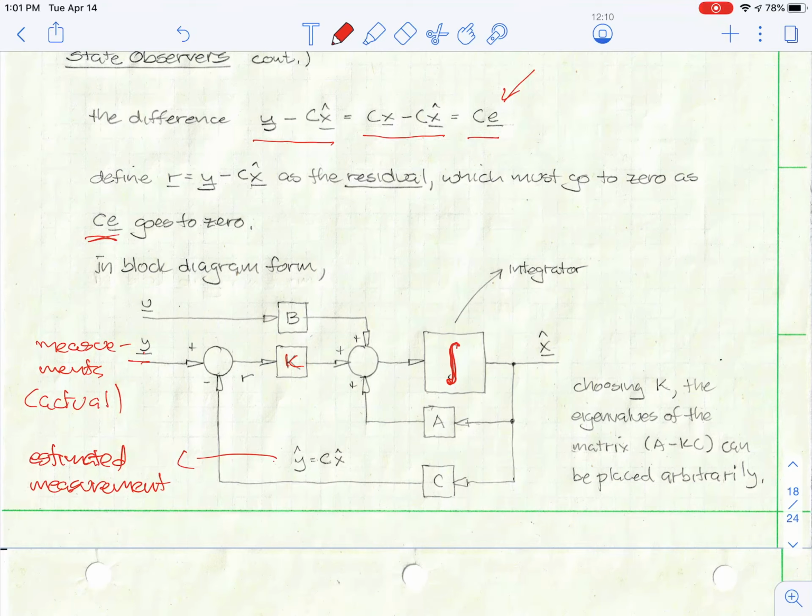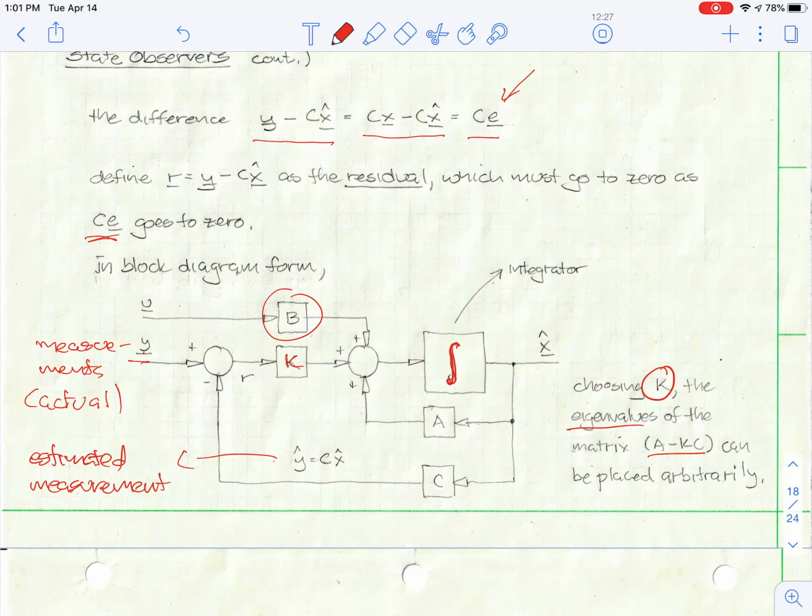And so if I choose K, I can place the eigenvalues of the matrix A minus KC. And then I've got this extra input for B there. But this then becomes an estimator.